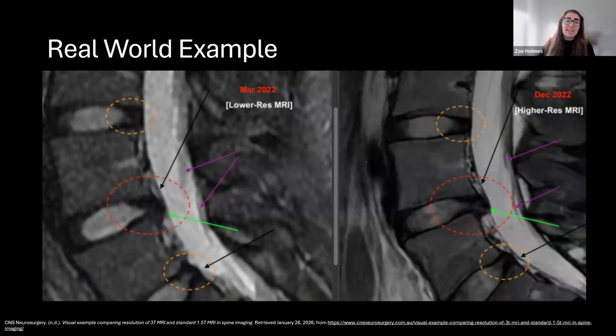So the key point here is that just organically, a 3T tends to have more signal. And in this imaging, we can see the benefits of what happens when we have more resolution. So the stronger the magnetic field, we're going to get more signal to work with, and we can spend that more on that spatial resolution. So we're getting finer anatomical detail here and clearer borders between the structures.